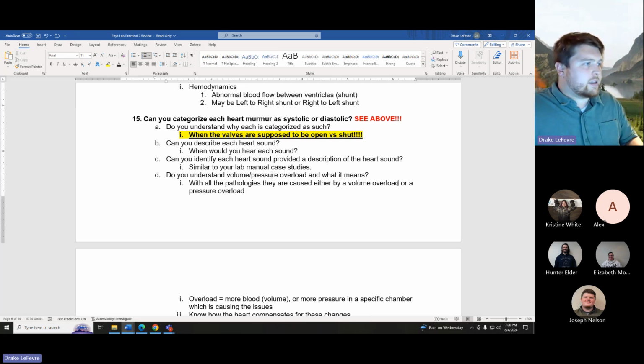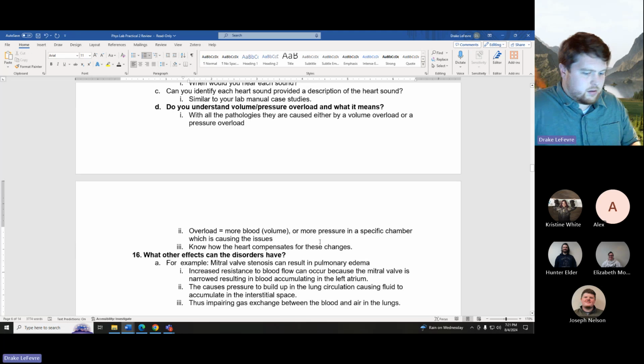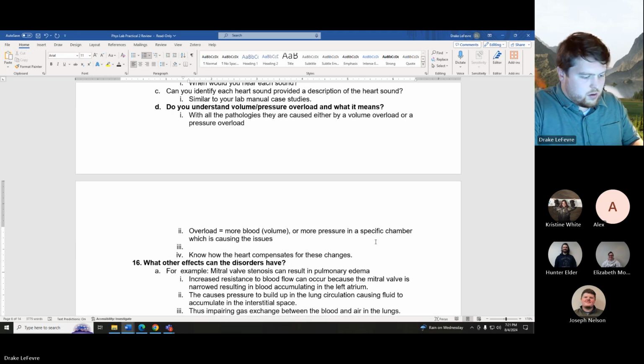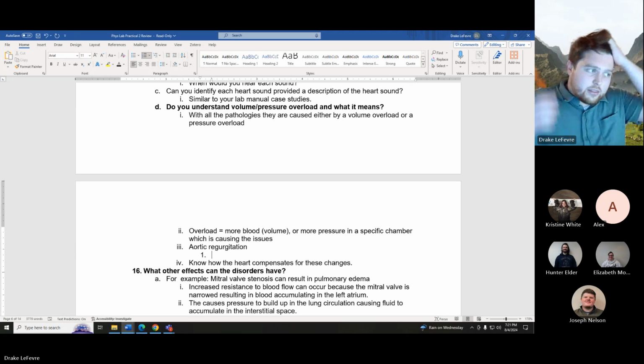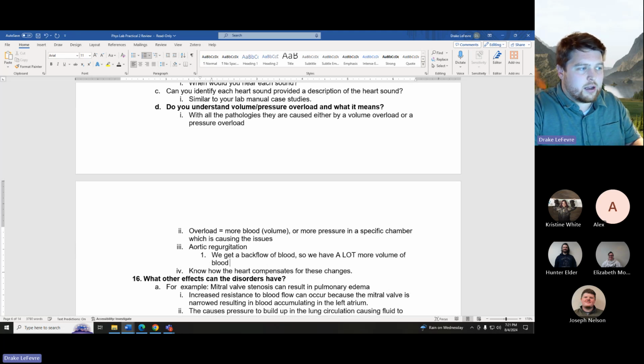So if we look at something like aortic regurgitation, right? With aortic regurgitation, we get a backflow of blood. So we have a lot more volume of blood in the left ventricle at once than we usually would.